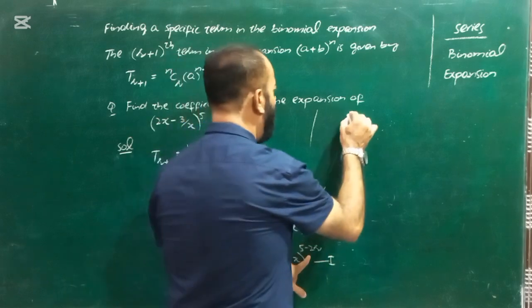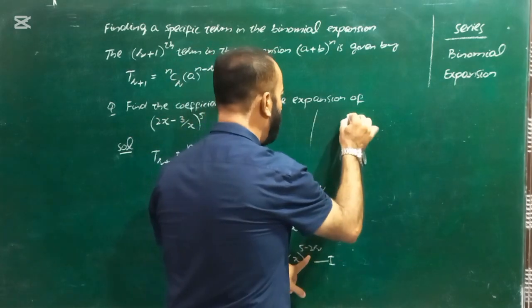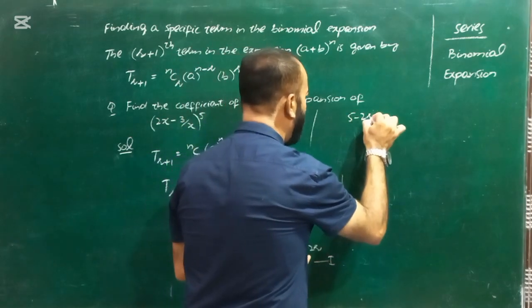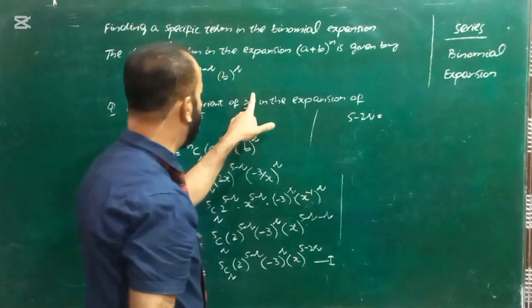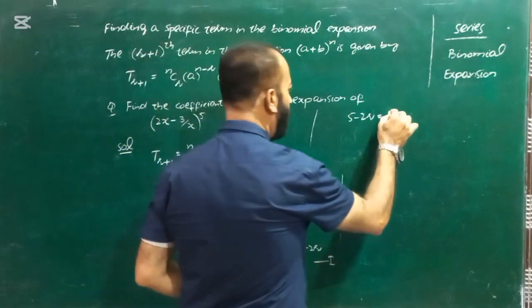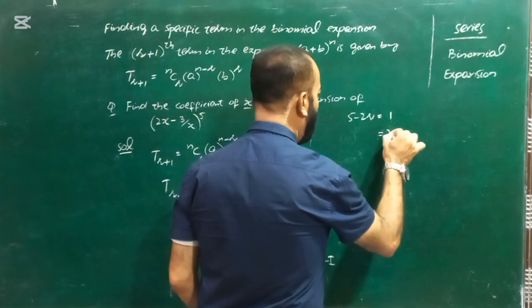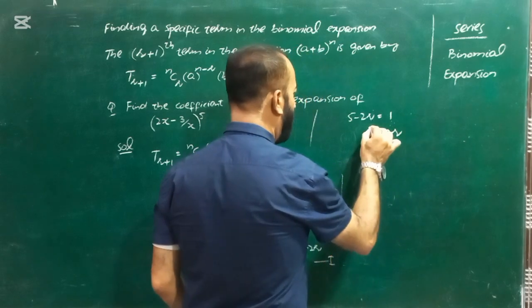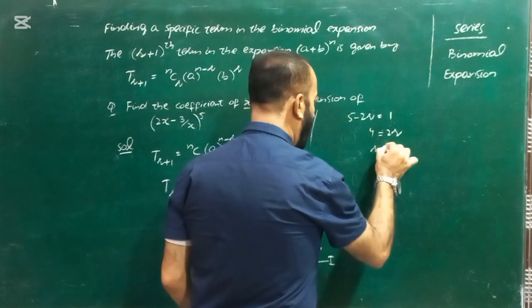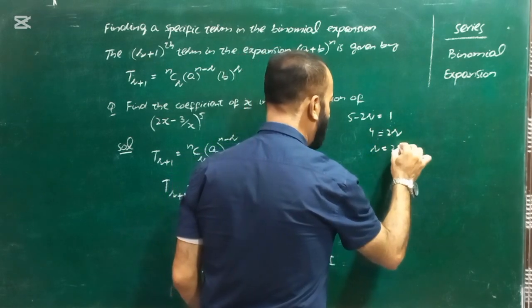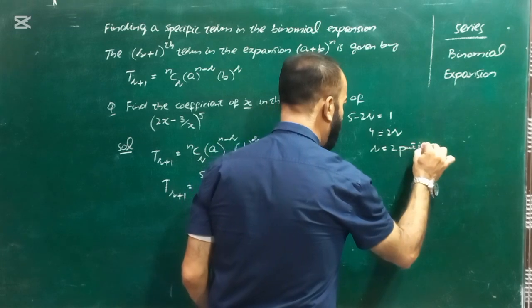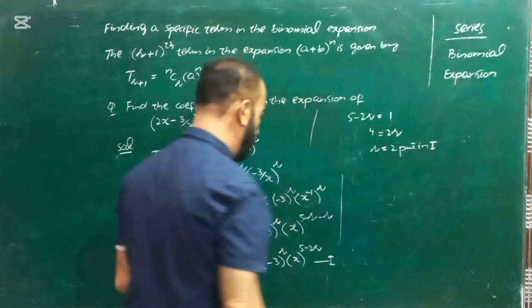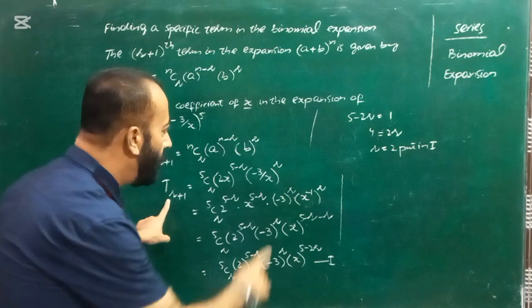So 5 minus 2r is equal to 1. So we are comparing now. From here 2r will be equal to 4 and r will be equal to 2. So put in equation number 1. So r is 2.